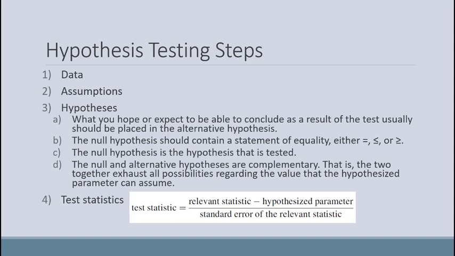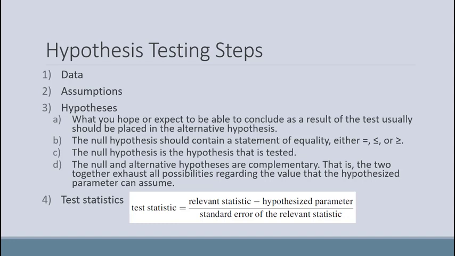Step 2, assumptions. As we learned in the chapter on estimation, different assumptions lead to modifications of the confidence interval. We have seen some important assumptions about the normality of the population distribution, equality of variance, and independence of samples.